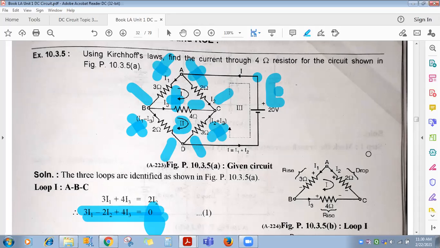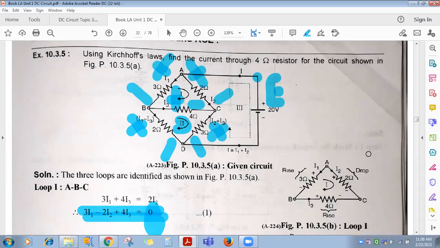Actually, how many loops are there here? 1, 2, 3, 4. How many total closed loops are there in this circuit? 5. Right, 5 loops are there.